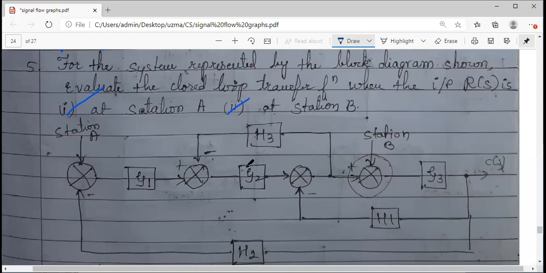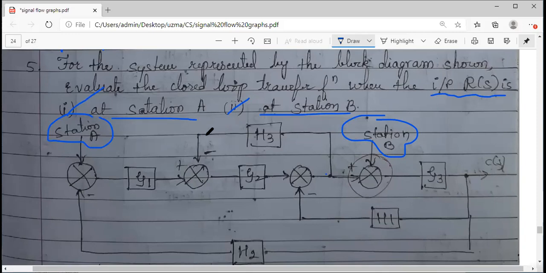You can see many blocks are interconnected, many summing points are there, some takeoff points are there. You have what we call station A and station B. So these are actually inputs, which we take as the reference input R of S. That's why in the question it is given when the input R of S is at station A and at station B. So there are two sub questions here.